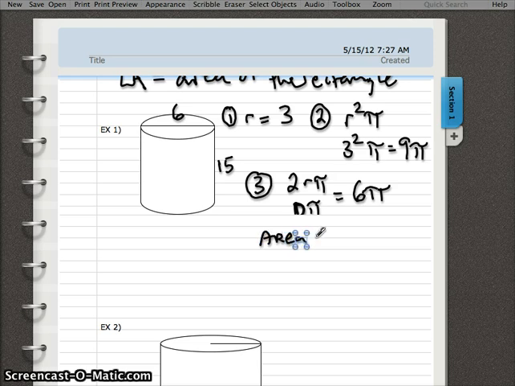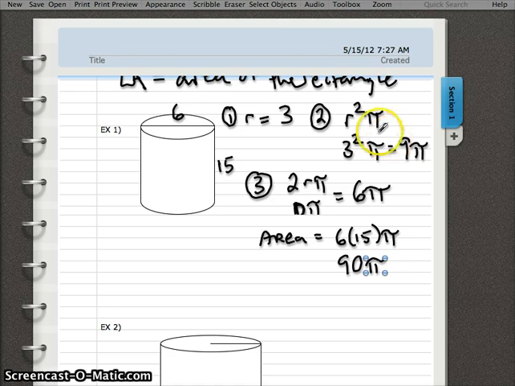So the area of the rectangle is 6 times 15, that's our height, with pi attached. 6 times 10 is 60, plus 6 times 5 is 30, so that must mean that our area of our rectangle, or lateral area, is 90 times pi.